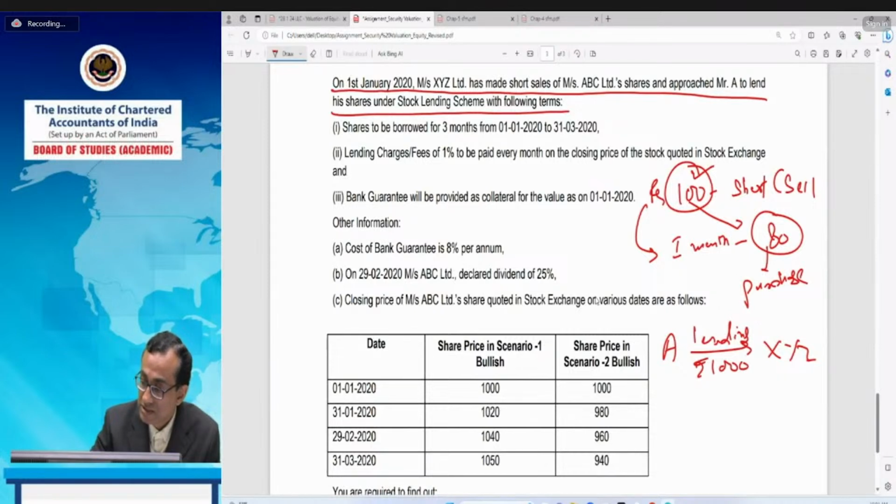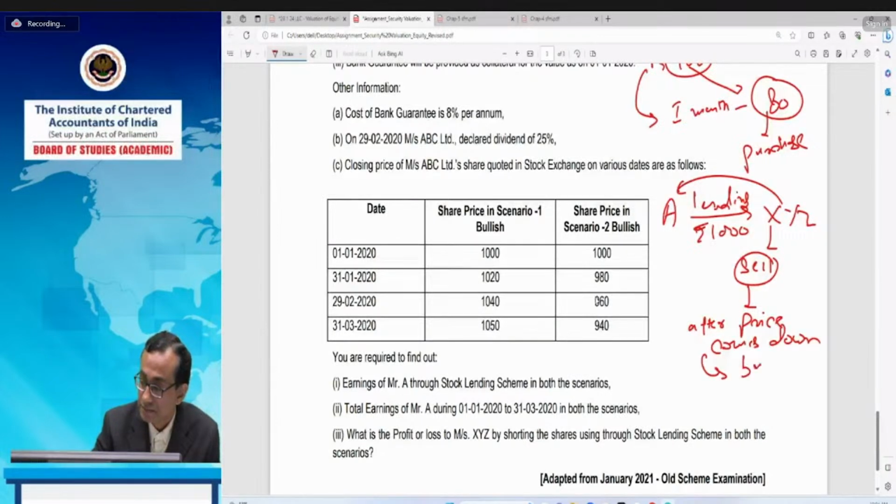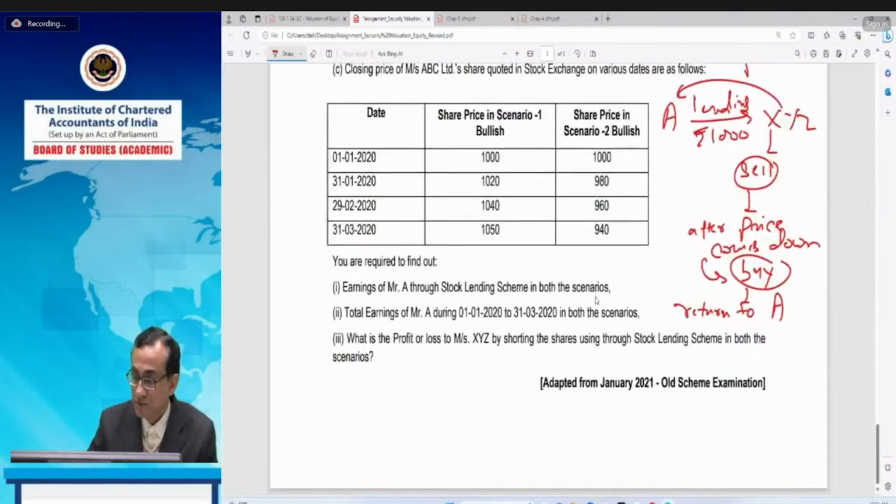So what XYZ will do, XYZ will borrow and sell after borrowing it from A. Then after the price comes down, he will buy those shares and return to A. So what is the benefit of A?